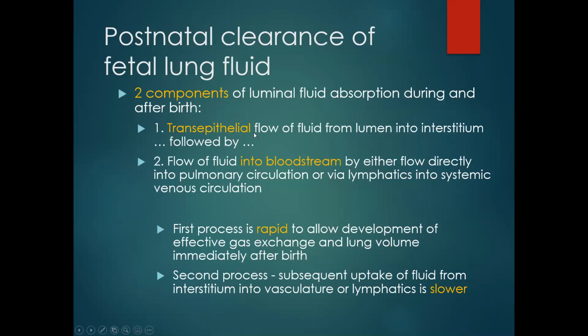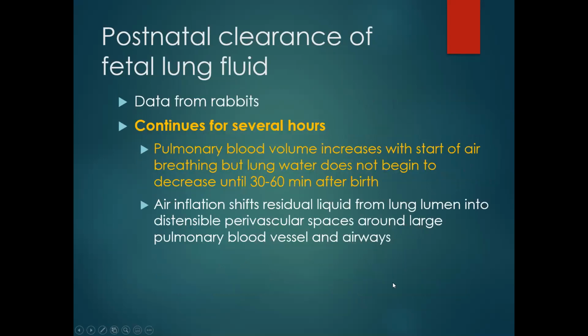Okay, so just to summarize quickly, this postnatal clearance of fetal fluid, the two components really are the transepithelial flow of fluid from the lumen to the interstitium, and this is followed by flow of fluid from the interstitium to the bloodstream via the lymphatics and venous circulation. The first one, the transepithelial flow, is rapid, while the second process, going to the blood in lymphatic circulation, is a little bit slower.